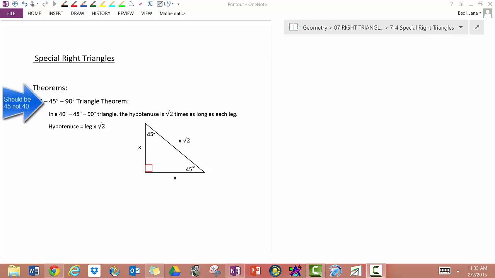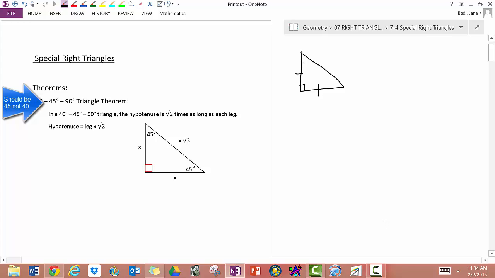We've talked about right triangles and how the Pythagorean theorem applies to right triangles. We're going to talk about two special types of right triangles today. The first is the isosceles right triangle.